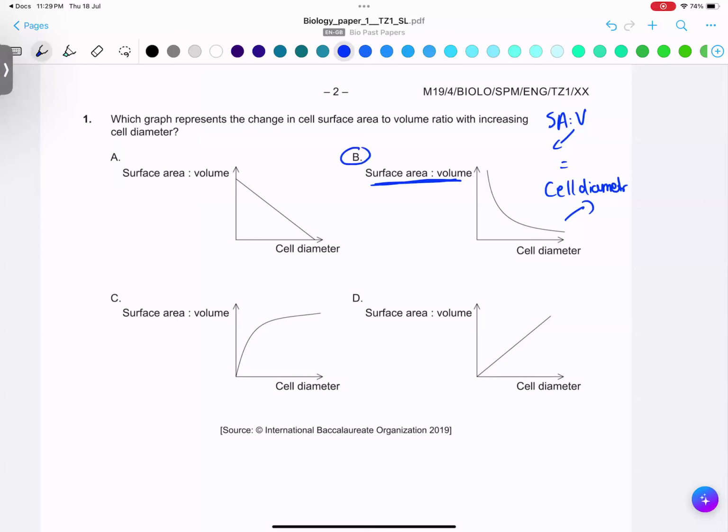Therefore, B is right, because as the cell diameter increases, the surface area to volume ratio decreases, just because it's going to be way harder for the cell to function. For every surface area, there's going to be less volume. So this is it for the first question, and our answer is B.